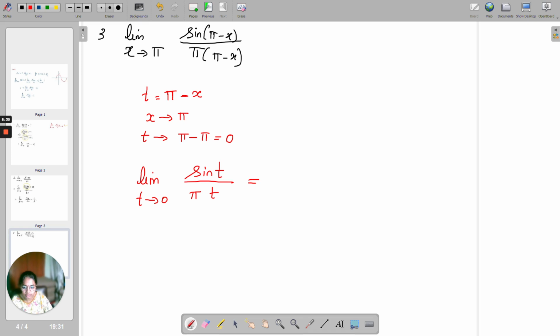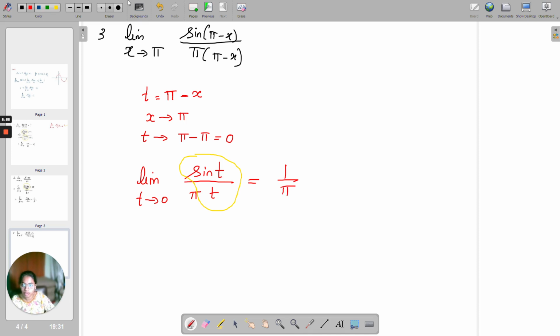So now we have sine t divided by t, so this is 1. And pi is a constant, it is free of the term t. So I can directly write the answer as 1 divided by pi.